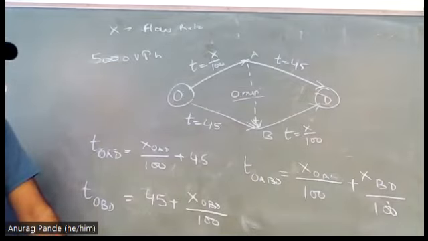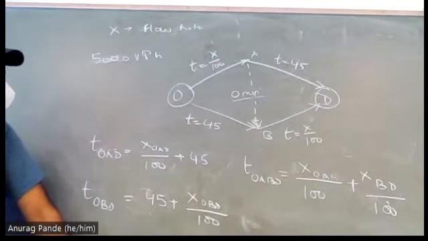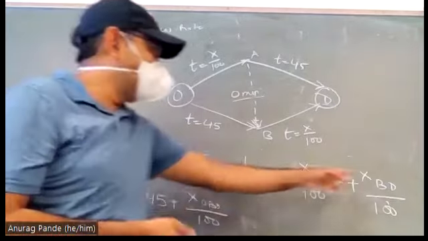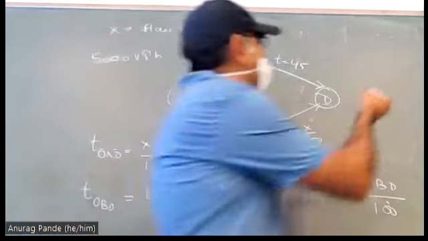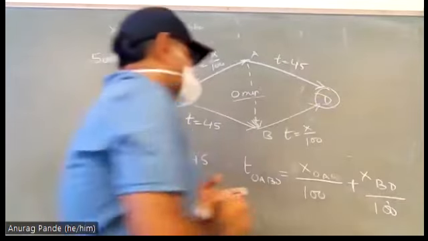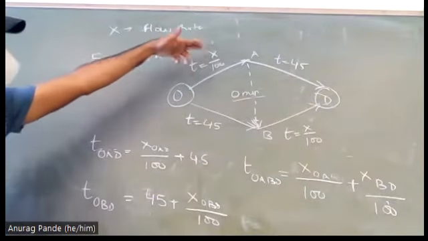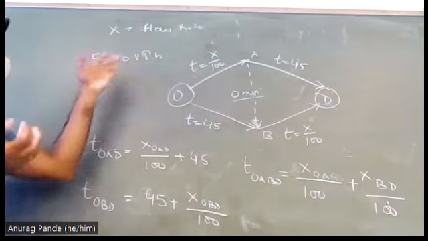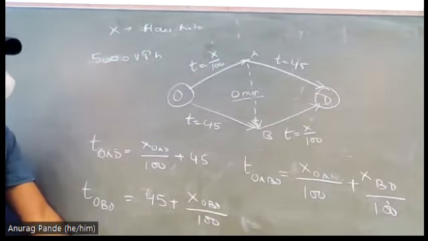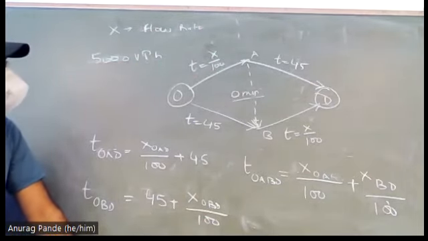So what happens when... do you think the other routes come into play at all? So you keep going there, and then OA equal to BD, so you can actually have a certain flow. But now you want to think about, let's say the total flow is 5,000.